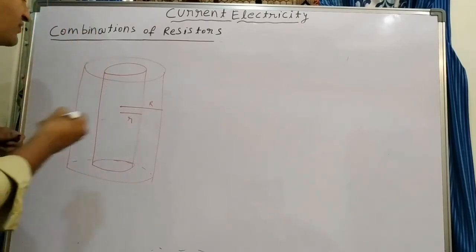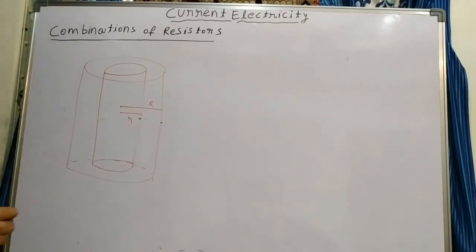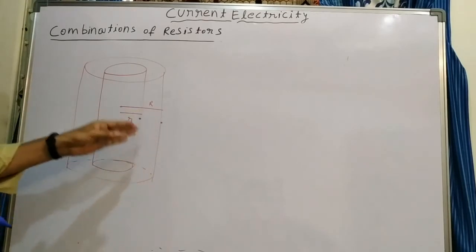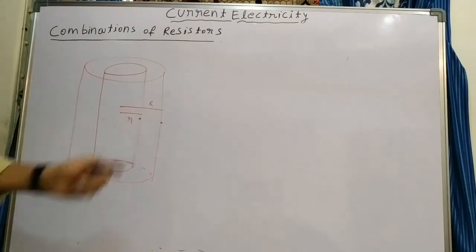What is the resistance between the inner surface and the outer surface of the cylinder? From here to here, what is the distance difference? That is capital R minus small r. That we know. Length we know, and where the current flows, that we know.